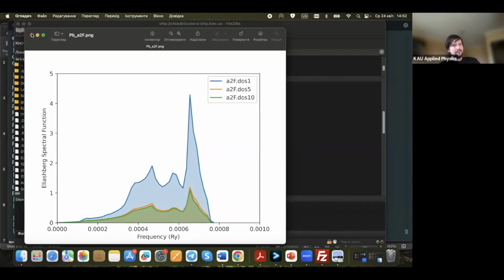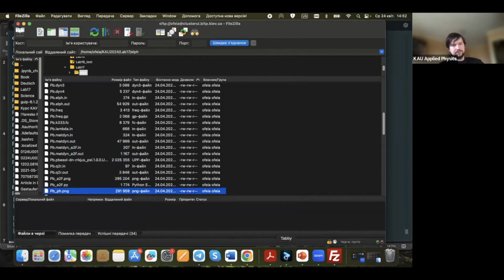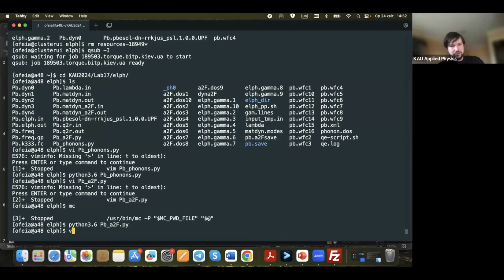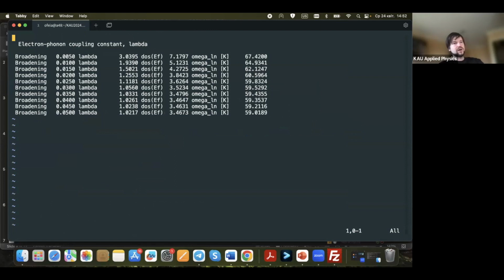Now, we have to move further. We also have this file lambda. In this file, we have output from our last action, so we have this broadening in Rydbergs.